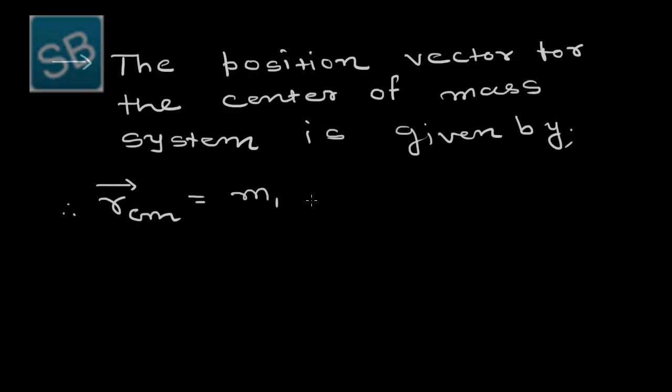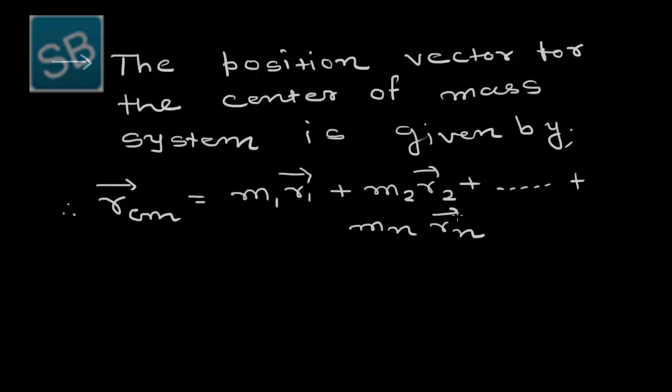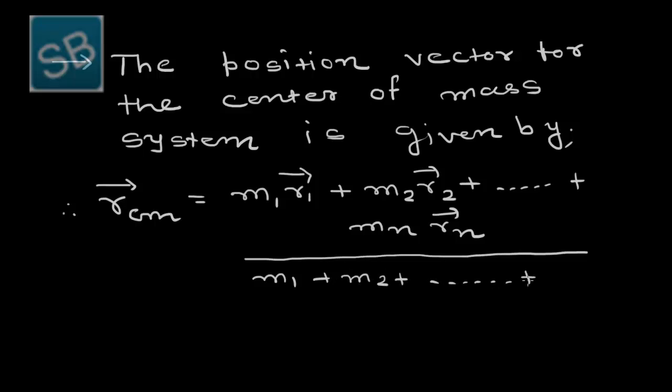So, similar to the one-dimensional theory for center of mass, I am directly writing the equation as m1 r1 plus so and so mn rn divided by the total mass, m1 plus m2 plus so and so plus mn.